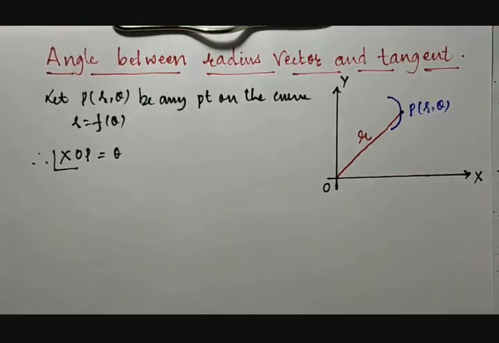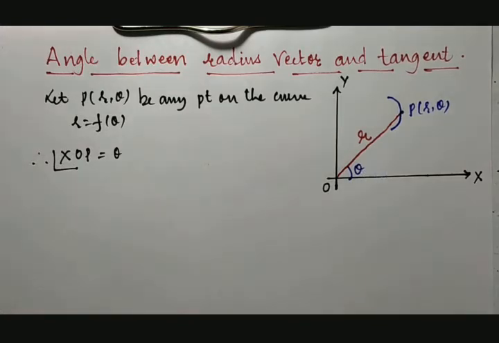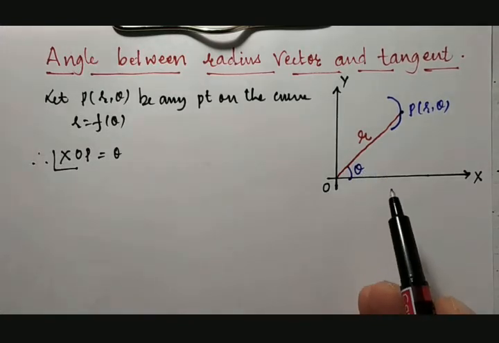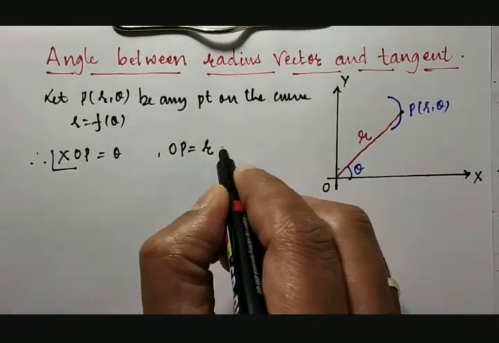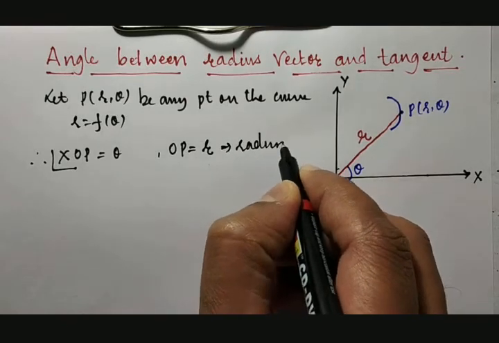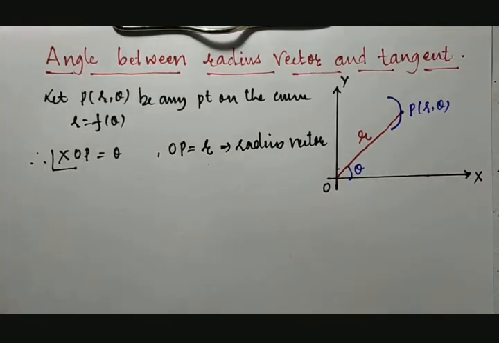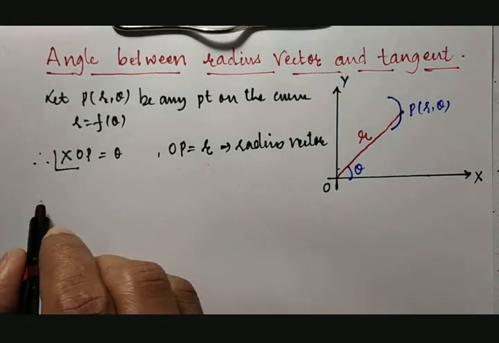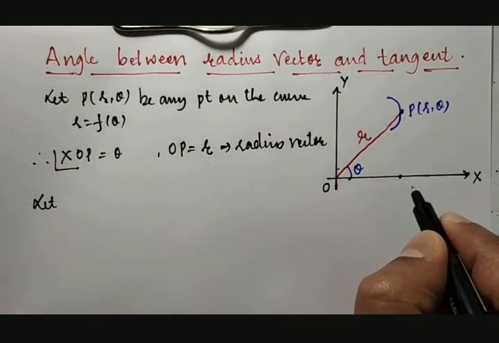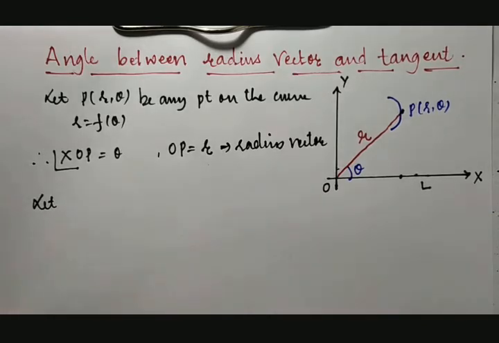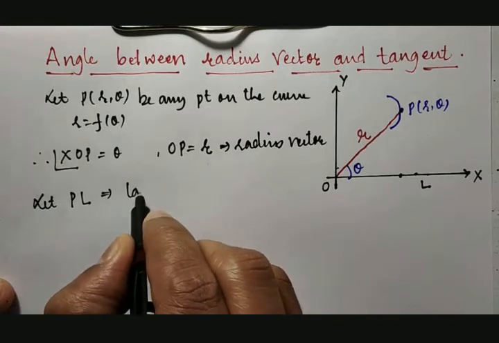So we get an angle between these two called theta, and the distance O to P will be taken as r, and this is nothing but the radius vector, and this theta is the vectorial angle.